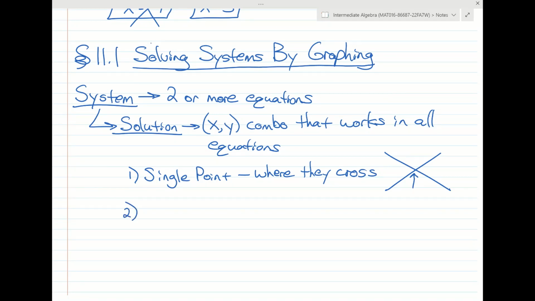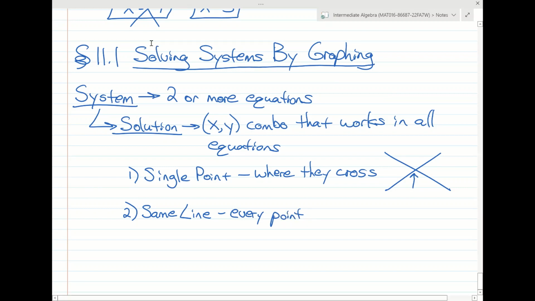Something else that could happen is you can get the same line, and the solution would be literally every point, because it's the same slope and y-intercept.